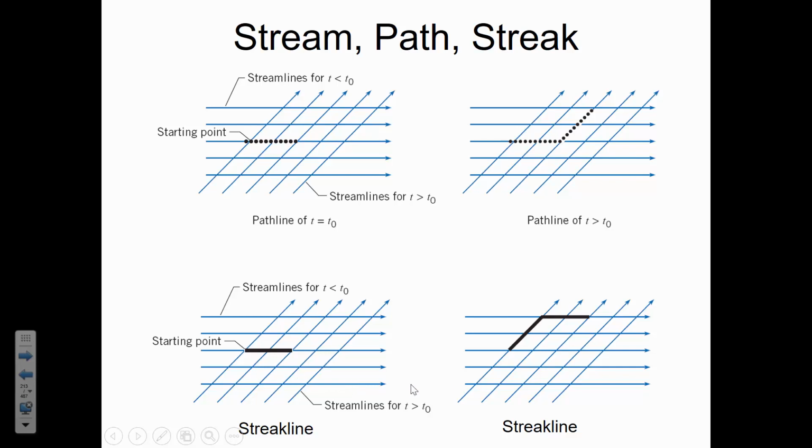And then after T naught, everything got shifted up and to the right. And so here's that same starting point. Those first few molecules of paint are here, and they've got everything shifted upwards and to the right. And so this horizontal segment of the streak line got pushed upward during the second period of time.